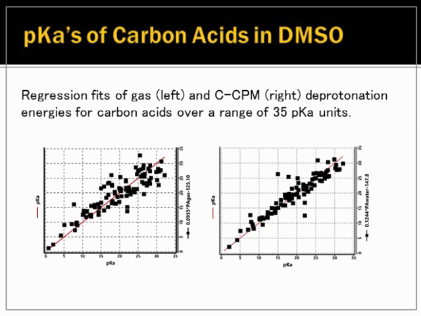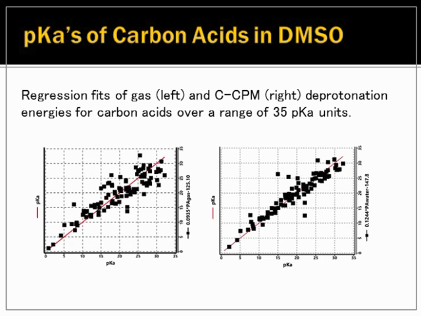I'll only look at pKa's. This is pKa's of carbon acids in DMSO. DMSO is a very high dielectric constant, but non-hydrogen bonding solvent. If you look at pKa versus gas, so this is doing the calculation not in the solvent, and this is a least squares fit, so there's one parameter to bring the units the same.